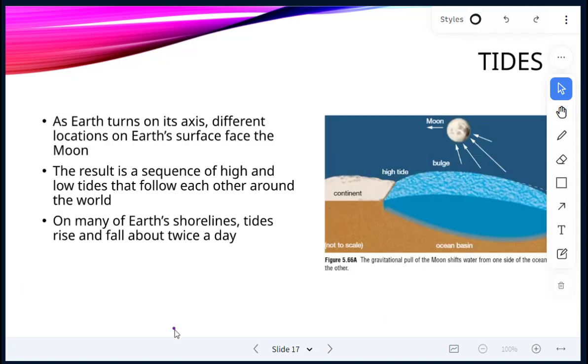As Earth turns on its axis, different locations on Earth's surface face the moon. The result is a sequence of high and low tides that follow each other around the world. On many of Earth's shorelines, tides will rise and fall about twice a day.